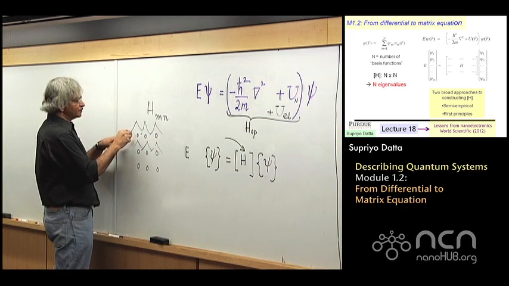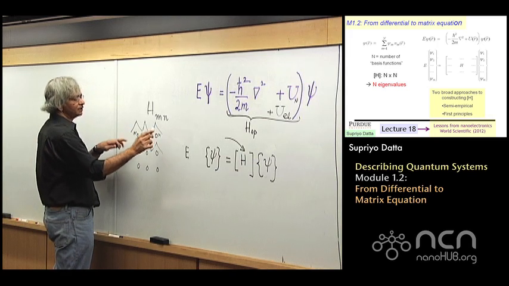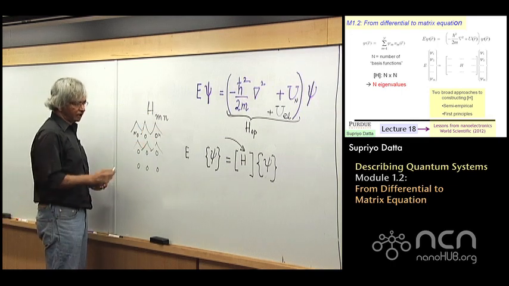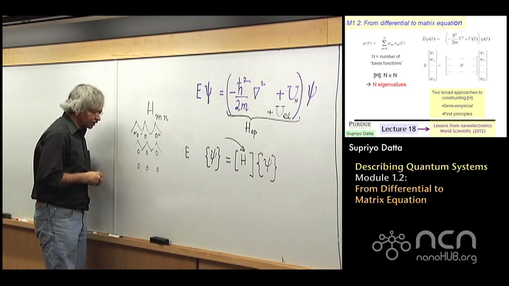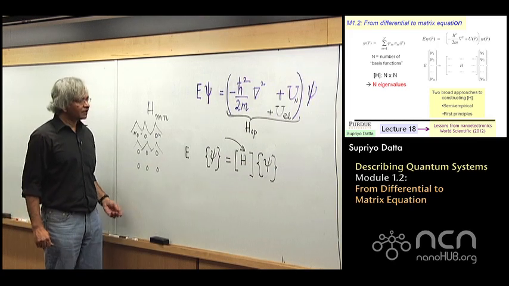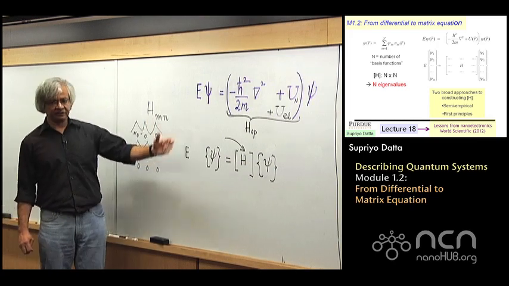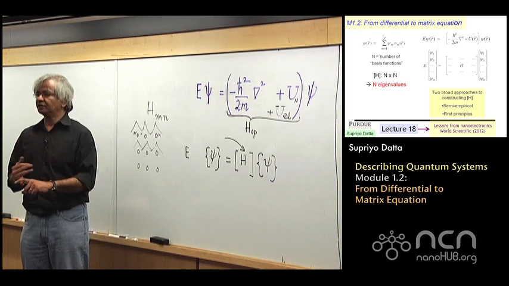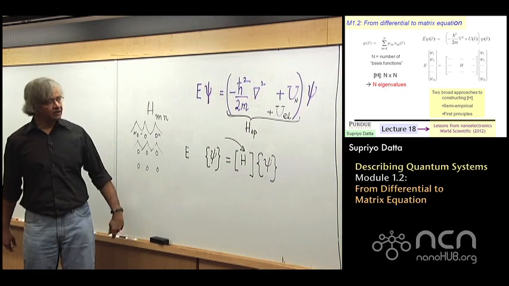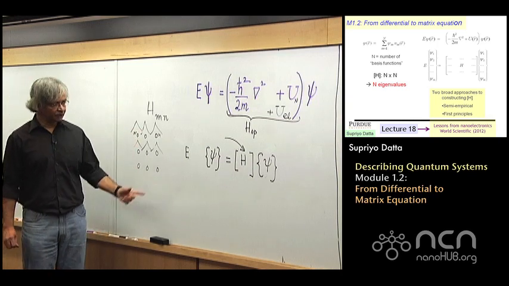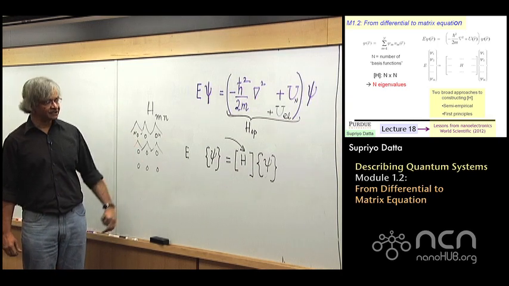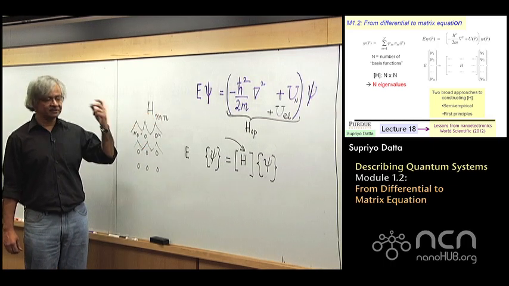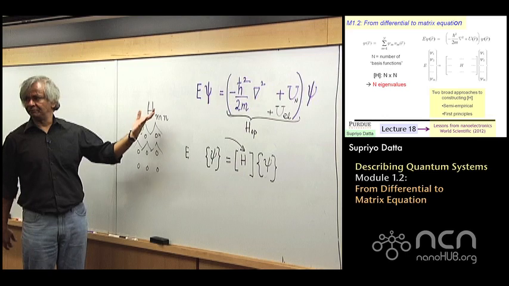But if M happens to be here and N happens to be here, then we assume that H_MN is zero. So this is what you'd call the nearest neighbor models. So overall the models we'll be using, the technical name would be orthogonal nearest neighbor tight binding models. Okay? So in the next module, what I'll try to explain with an example is how one goes about choosing the elements of this matrix so as to match known experimental results.